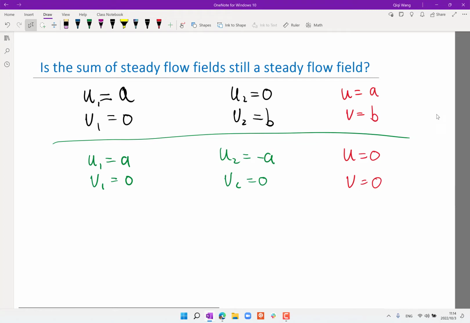Any previous experiences in mathematics? Yes? Yes, linear equations exactly would have two solutions adding up to also another solution. Right?